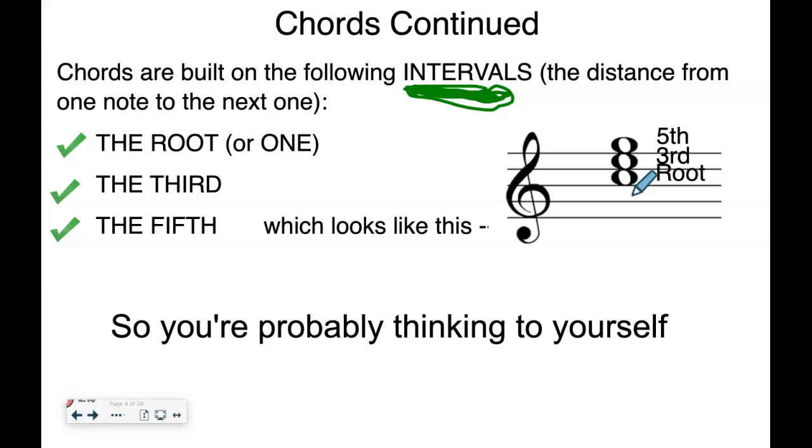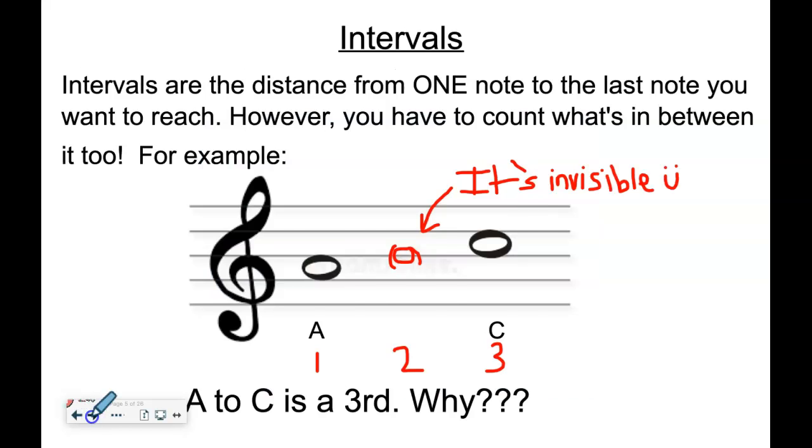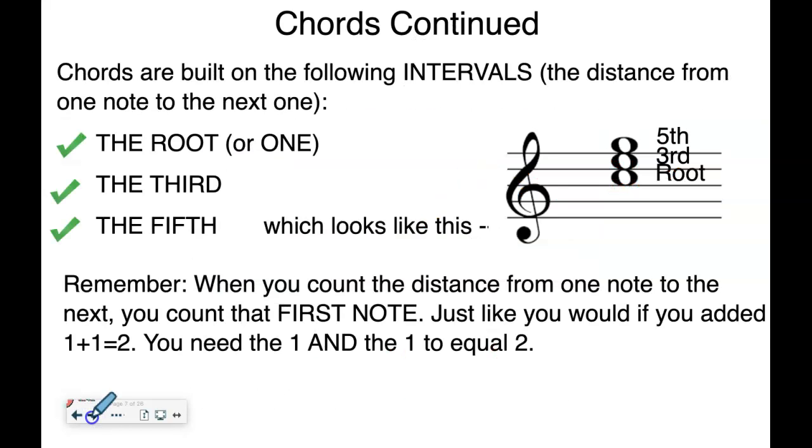Because of that, a chord is the root, the third, and the fifth, right? So you have the root, the third, and the fifth. That is a chord. And we've talked about intervals, so we can skip all that.